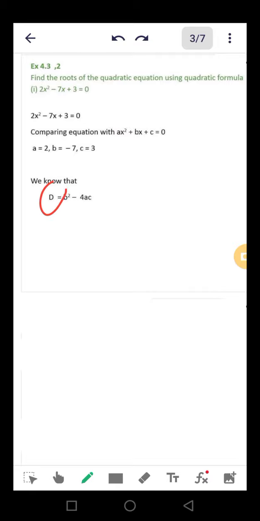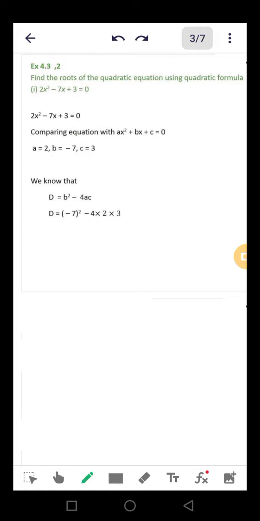Just now I told you what D is here: discriminant, b square minus 4ac. Finding b square minus 4ac, put b value. b square is minus 7 square, minus 4ac, where a and c are 2 and 3, so 4 into 2 into 3.